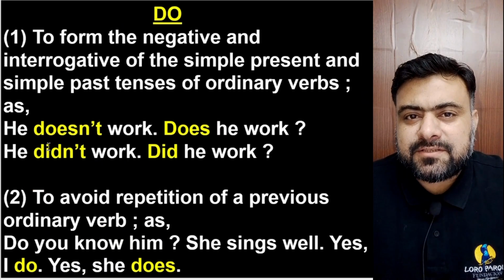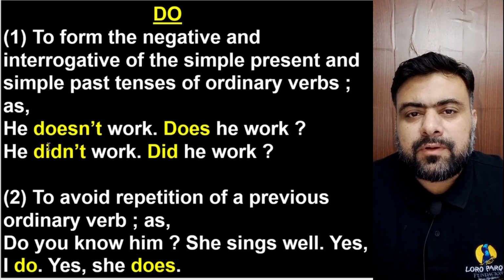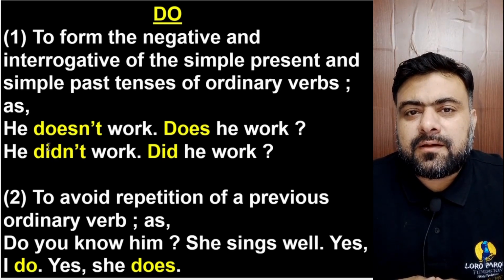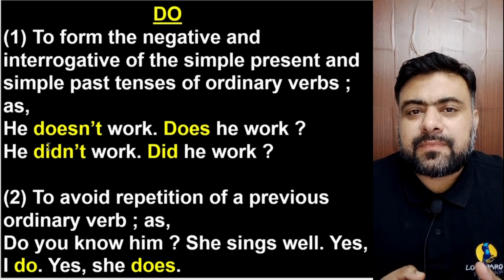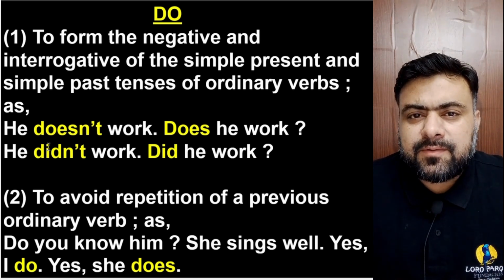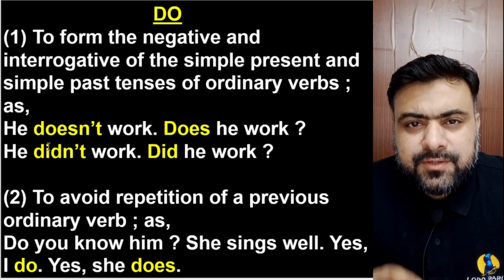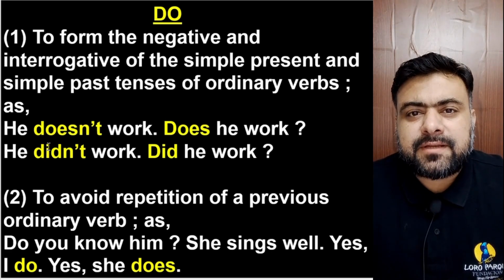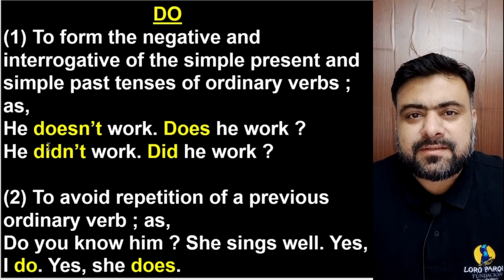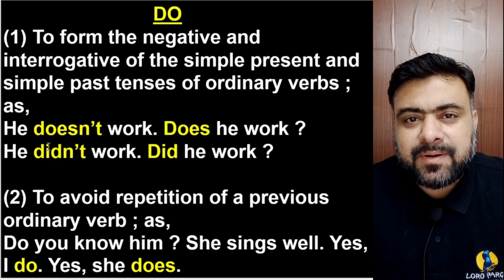Now let's discuss the third auxiliary verb, do, with its different forms, which are does, did. The auxiliary verb is mainly used to form the negatives and the interrogatives of the past and present indefinite tenses, the simple present tense and the simple past tense.